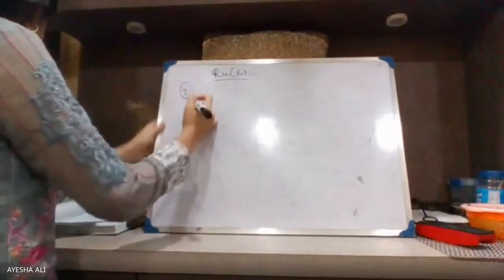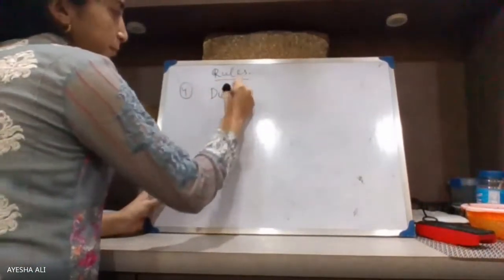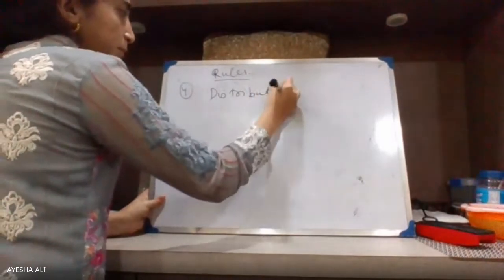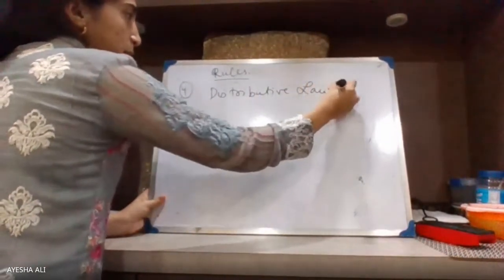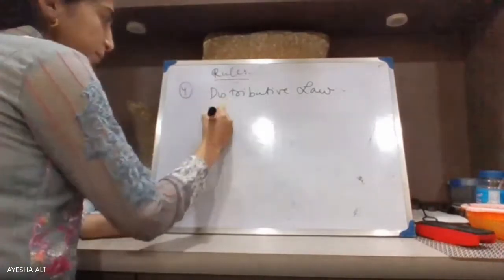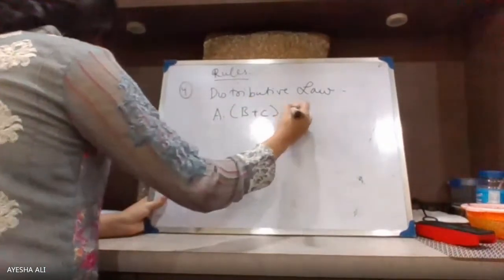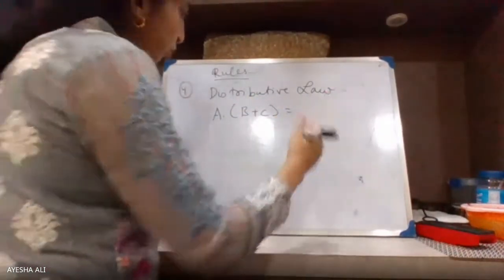Now the fourth rule is your distributive law. Suppose it is A and B plus C. Everyone knows this, I think.